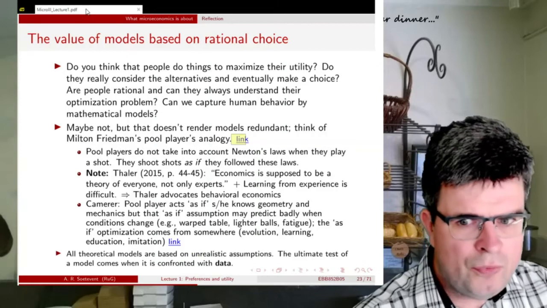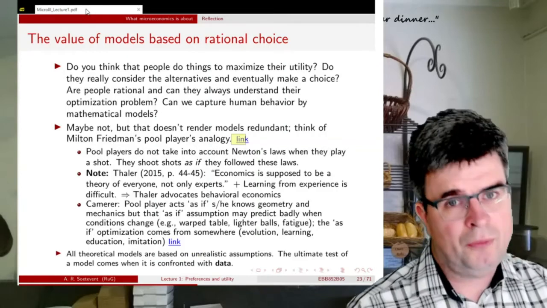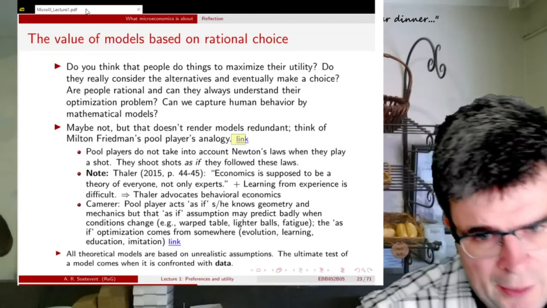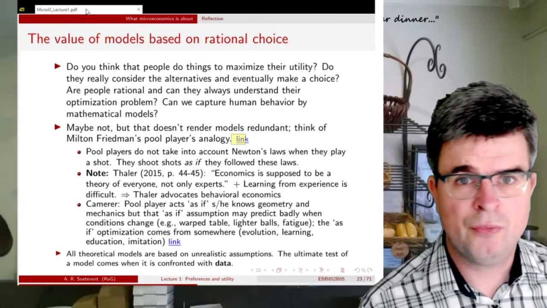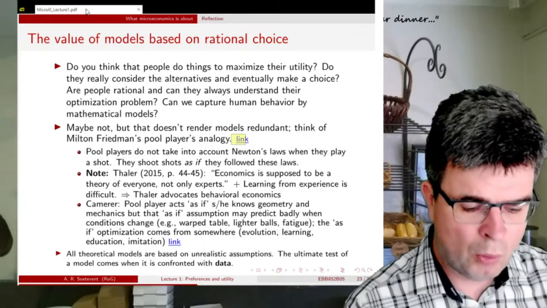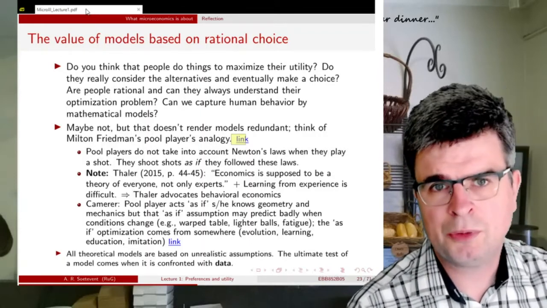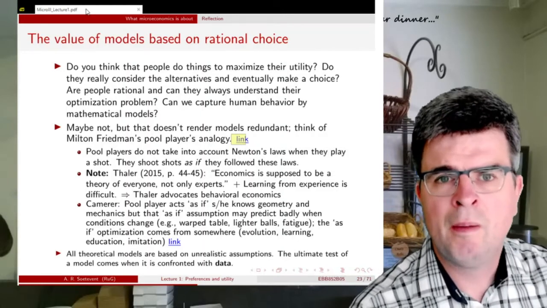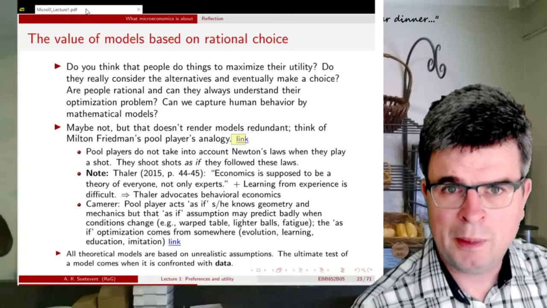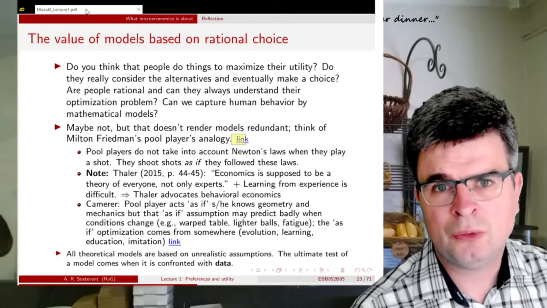In the end, all theoretical models are based on unrealistic assumptions, and the ultimate test of a model comes when it's confronted with data. So important in all that we do, all the assumptions that we make and the theories that we build on it, is: does the model make predictions which we can also falsify?